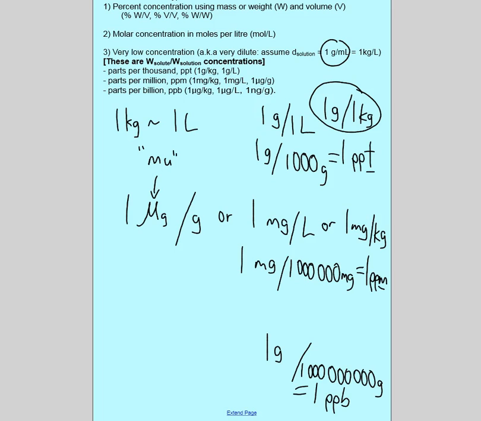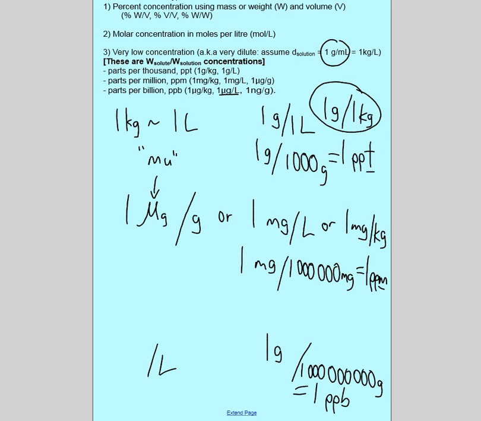might be easier to start with, okay, a liter again. And if we have a liter of solution, that would again be 1,000 grams. We would need a millionth of a gram to get our part per billion.